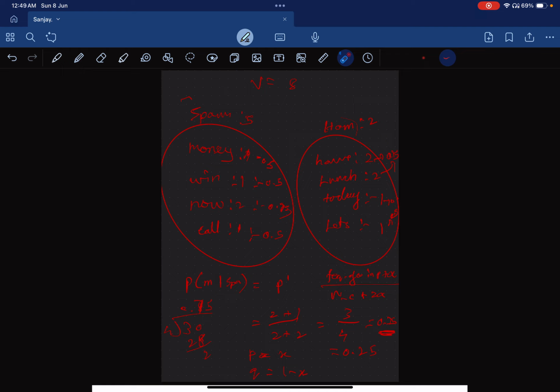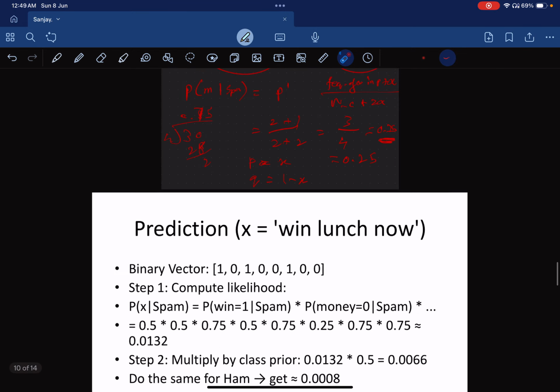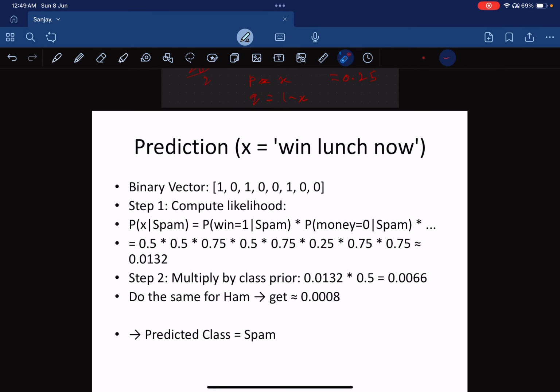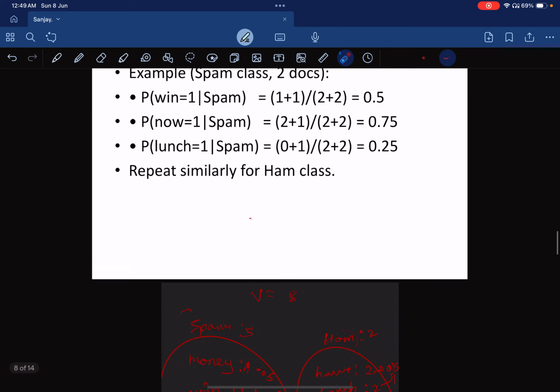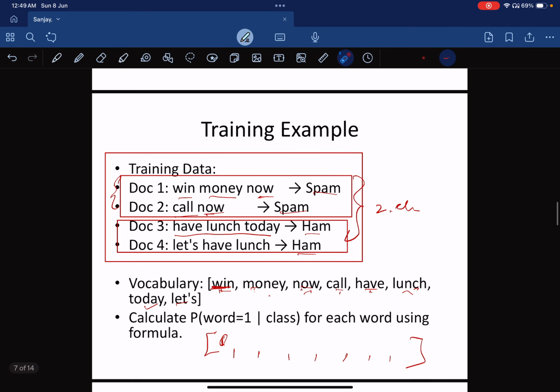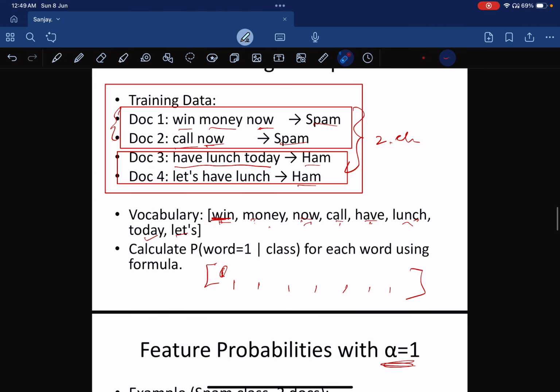During the prediction, we use a theorem called Bayes theorem. With Bayes theorem, we will be able to determine which class the given set of words belongs to. For example, using this array, the word win occurs first in the given data set, so it will put 1 there.